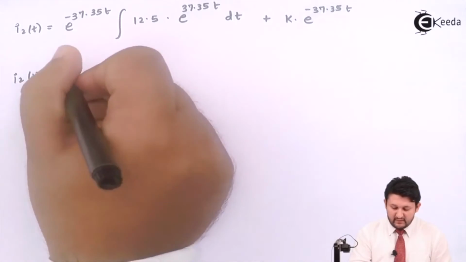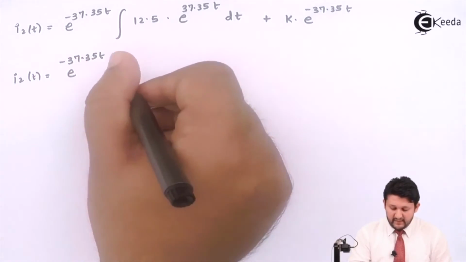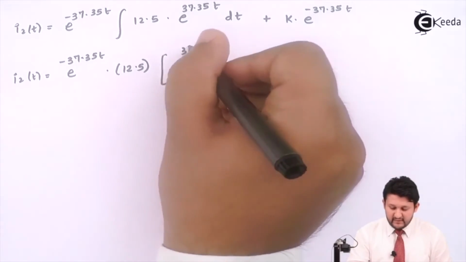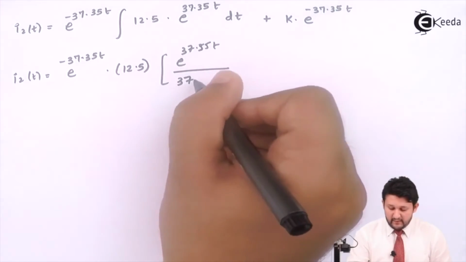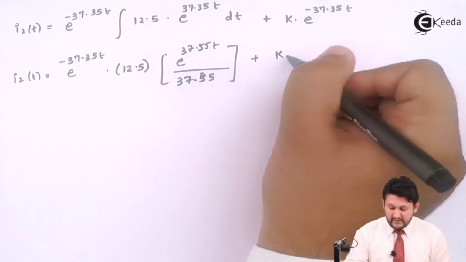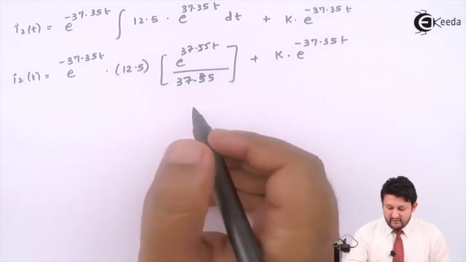So simplify this term, it is constant, so you take it outside. So I2 of t is equal to e raised to minus 37.35 into t into 12.5. If you integrate this, you will be getting e raised to 37.35 into t upon 37.35, plus k into e raised to minus 37.35 into t.